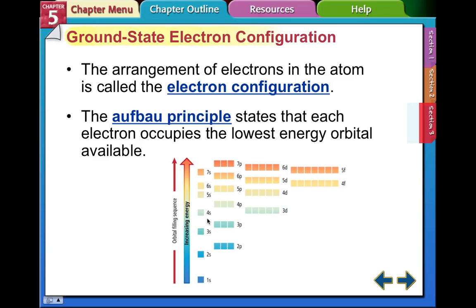Energy level 4 has 4 sub-levels, 4s, 4p, 4d, and 4f. Now we get into the transition elements, and these have all new rules to themselves. So just realize that once we go into the 5th energy level, we have some different things going on.